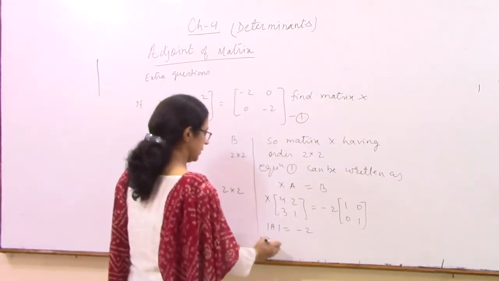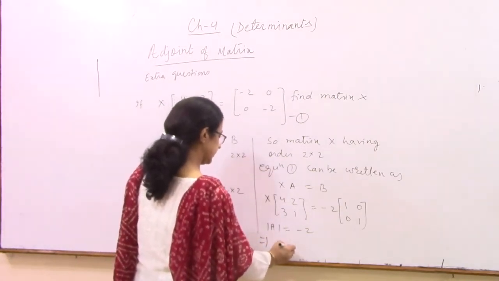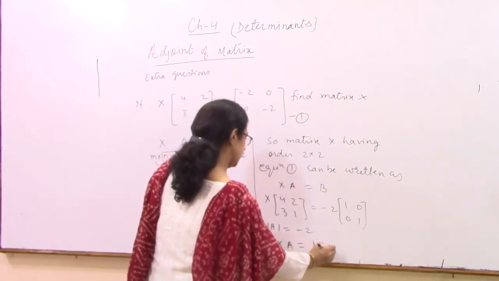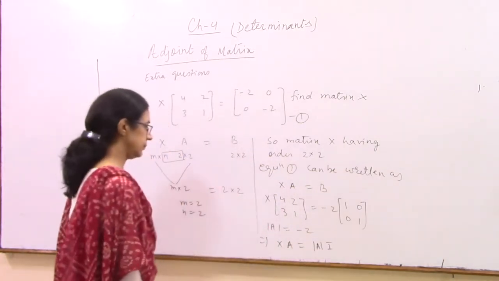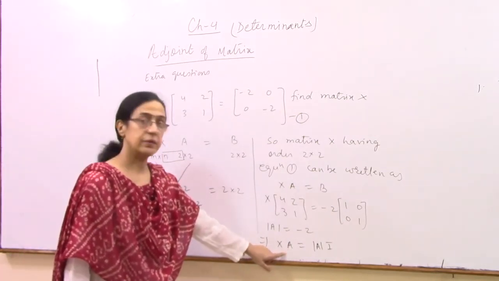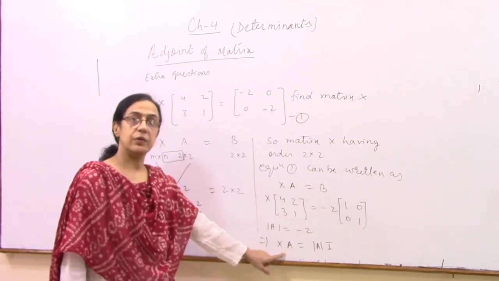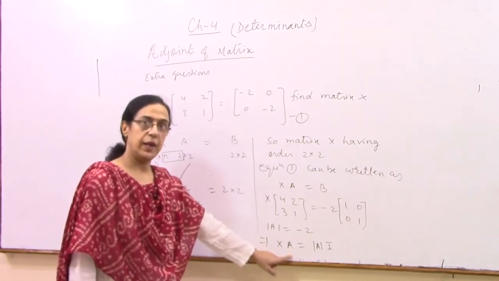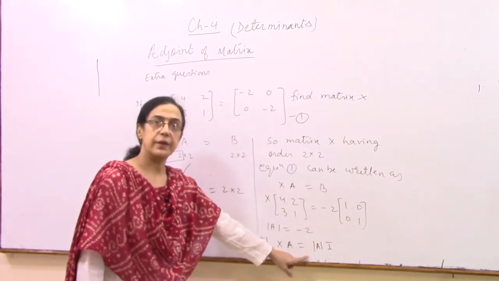So we can write XA equal to determinant A times I. यहाँ पे कौन सी प्रॉपर्टी लगेगी? Theorem 1. What is theorem 1? Theorem 1 is adjoint A into A equal to determinant A times I.